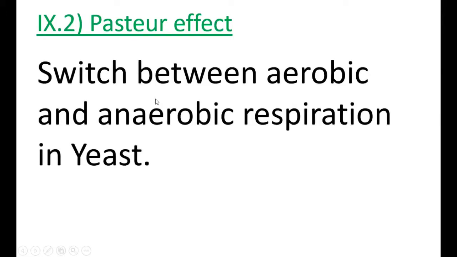So the Pasteur effect is this capacity that yeast have to switch between aerobic and anaerobic respiration. We're going to have a look at the experiments that Pasteur carried out to see why he was able to conclude that yeast were able to do both.